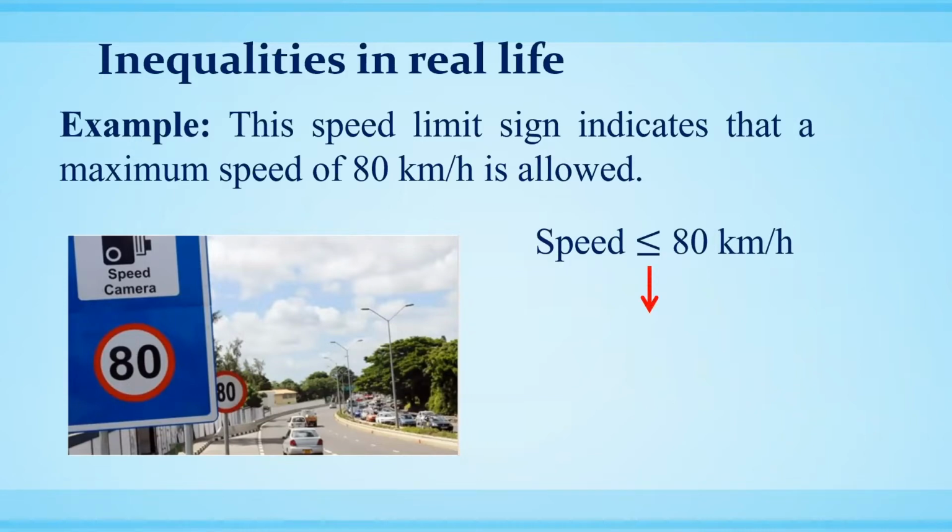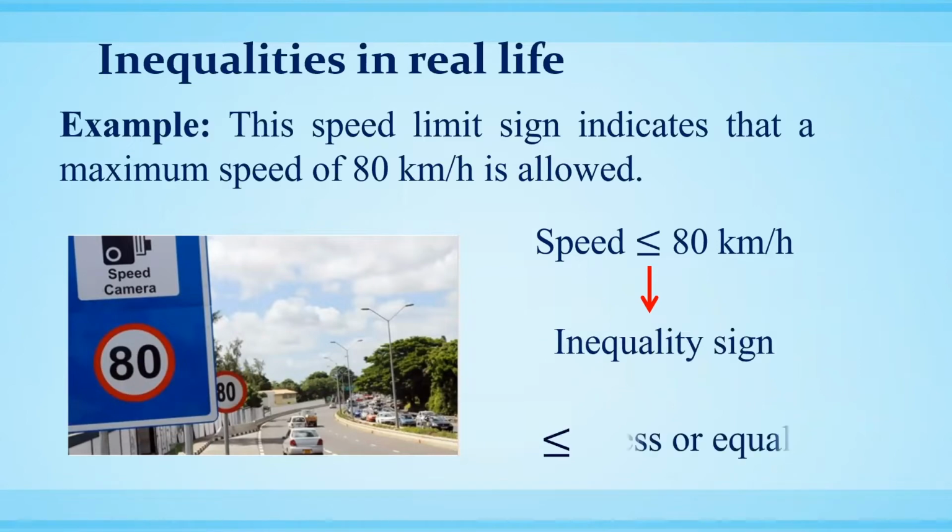So we're going to have speed less than or equal to 80 kilometers per hour. And this symbol represents the inequality sign. So it means less than or equal to. Sometimes we simply refer to it as less or equal to.